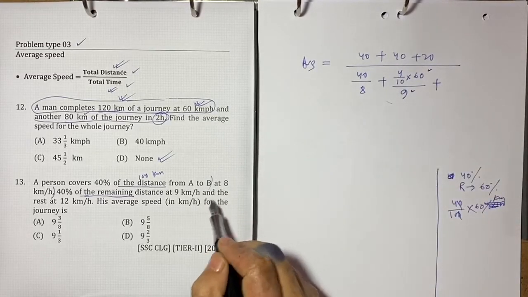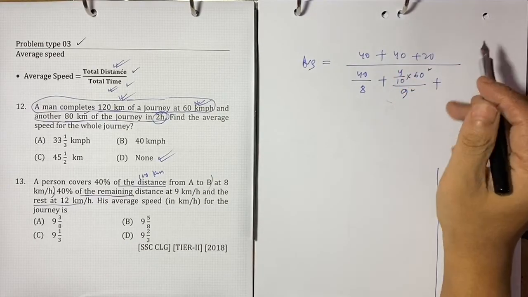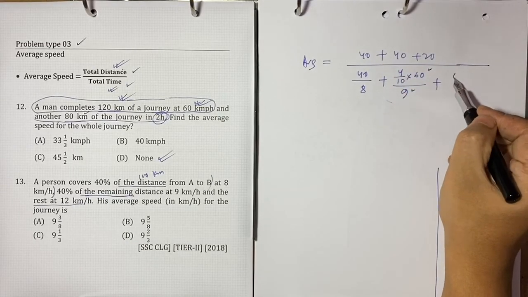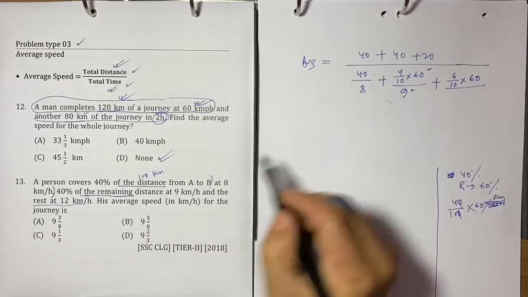The third part of the journey, which is the rest, is 60% of the remaining, so 60 divided by 12.